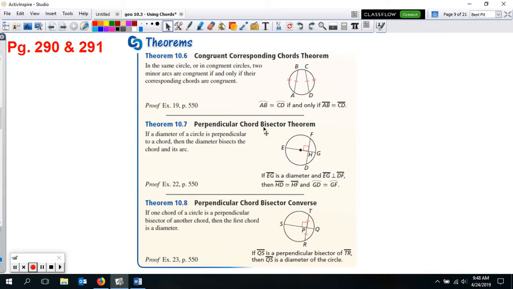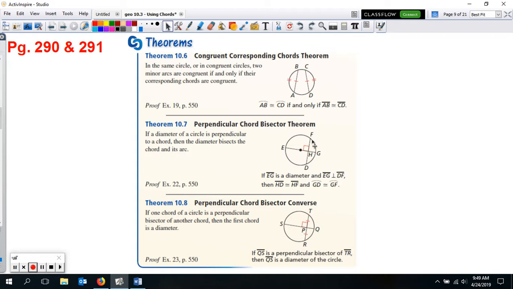A perpendicular chord bisector theorem. So this is if a diameter of a circle is perpendicular to a chord. The diameter is going to be going through the center, of course, so we're going to see that as a diameter. And if it's intersecting a chord at a right angle, where it's showing it's perpendicular, then what we can know is that it bisects the chord and its arc, which means that F to H and D to H, those two pieces are going to be congruent.